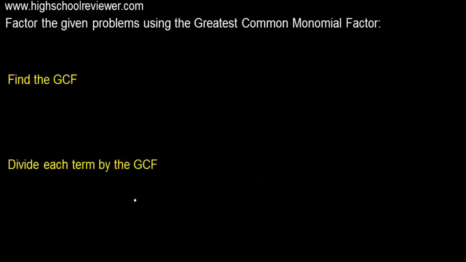Factor the given problems using the greatest common monomial factor. Our given here, we have 36 m raised to 9, n raised to 5, and p raised to 4, plus 12 m raised to 5, n raised to 4, and then we have p raised to the power of 3.